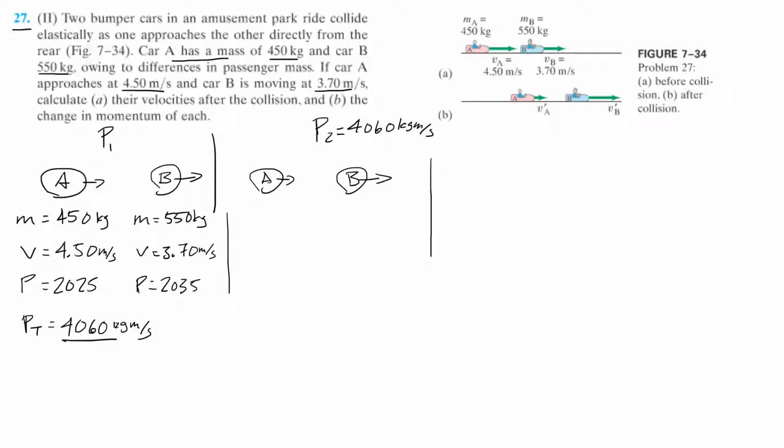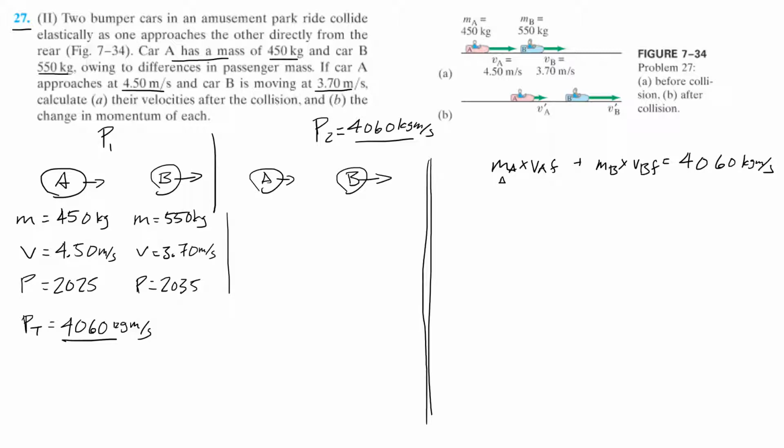So to solve for this, we'll need to know a couple of things. Number one, let's just set up the conservation of momentum. That means MA times VA final plus MB times VB final is going to be this number, 4060 kilogram meters per second.